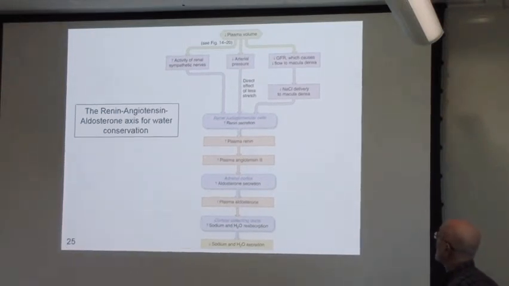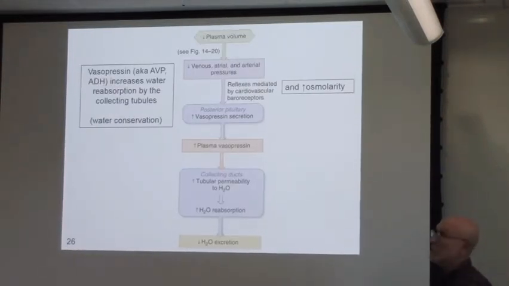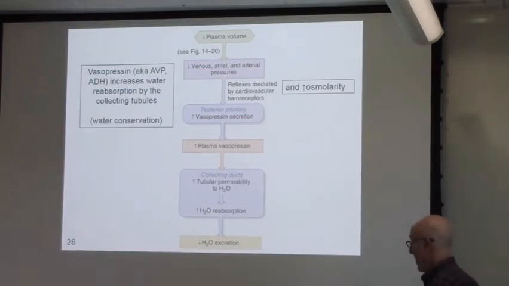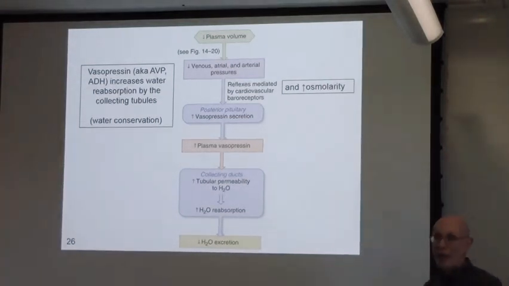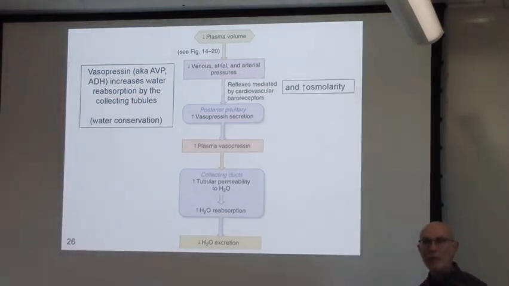Here is the vasopressin story. Dehydration and increased osmolarity are both detected by the hypothalamus. Remember, we've got chemosensors in the hypothalamus. Here we're not detecting oxygen. We don't detect oxygen anyway.